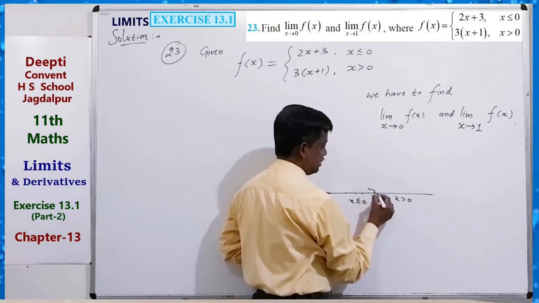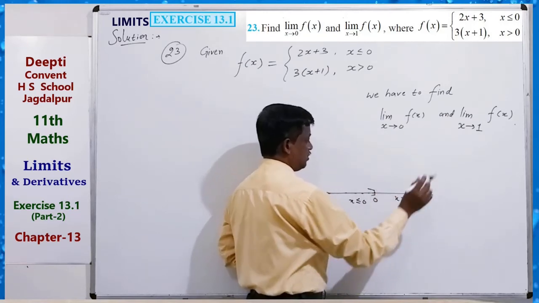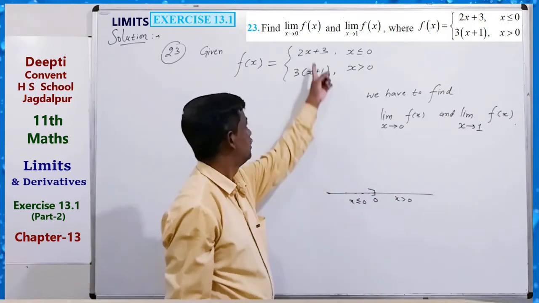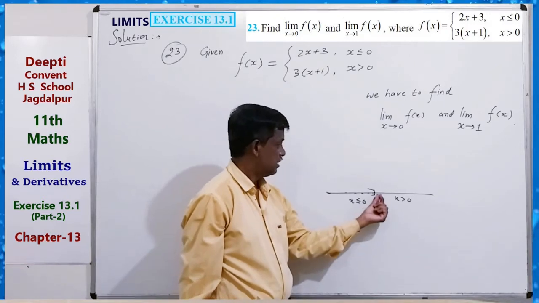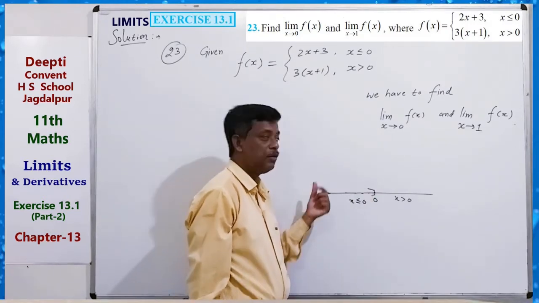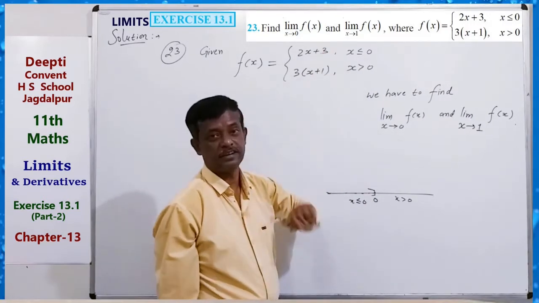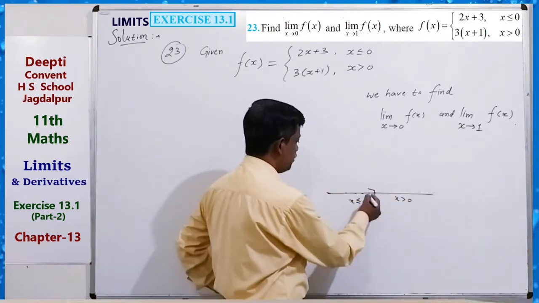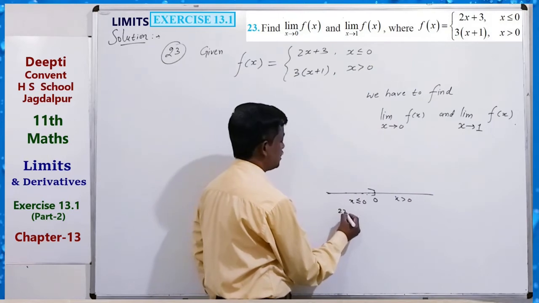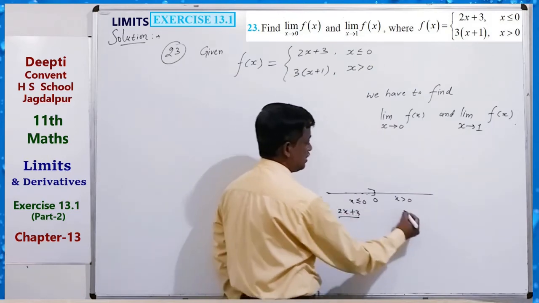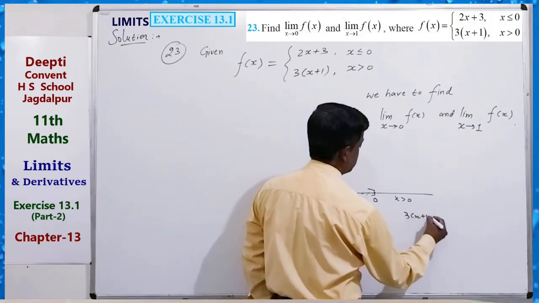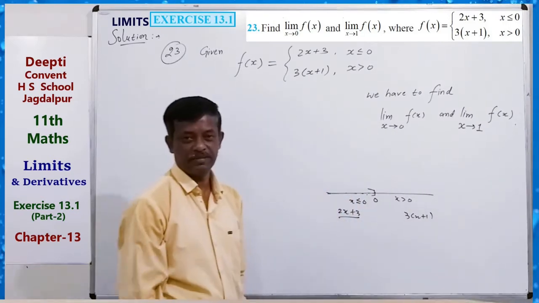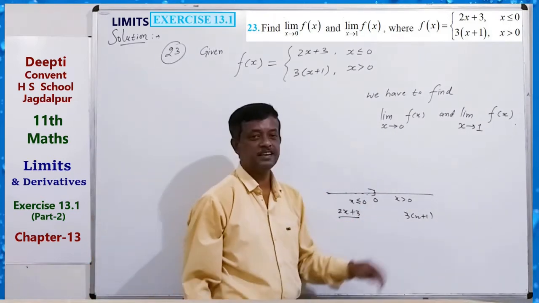This is the left side of 0, this is the right side of 0. So here the value of the function is 2x plus 3, and here 3x plus 1. So in this form the function is given.